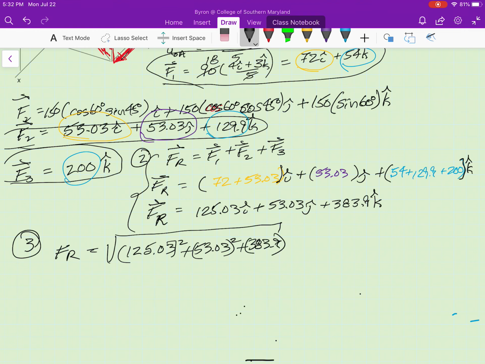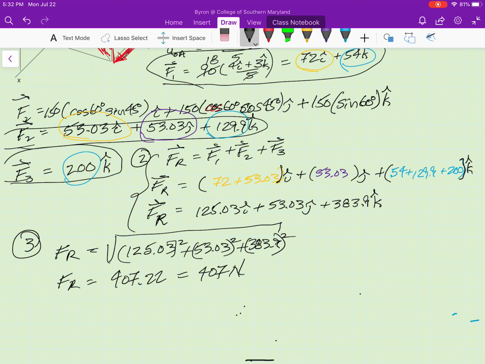And again, these are those numbers rounded, but I've kept these in my calculator and will not do any actual rounding until the final answer. Now I do this math and I find that F sub r equals 407.22 newtons, and this is the final answer for the magnitude, so I can round that to 3 significant figures, and the magnitude is 407 newtons.